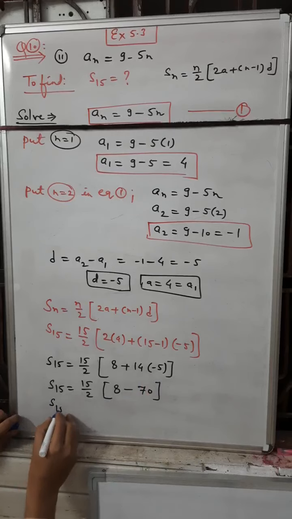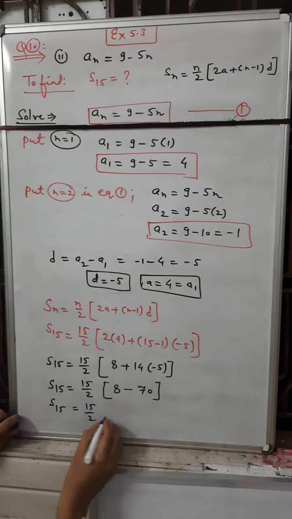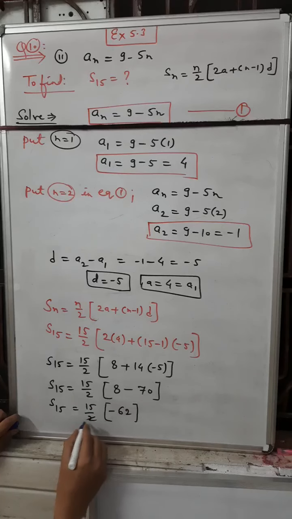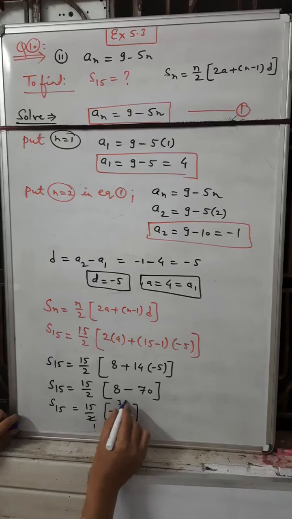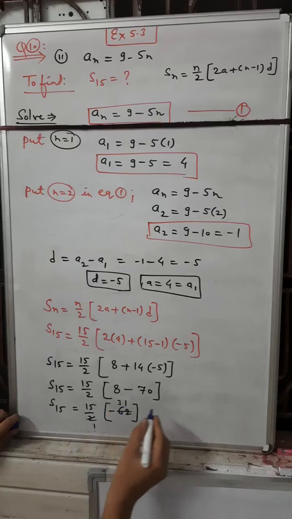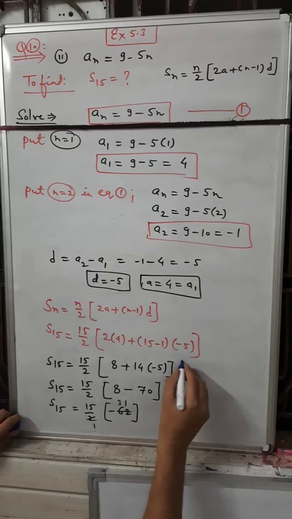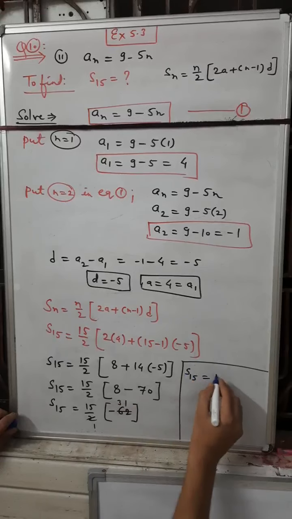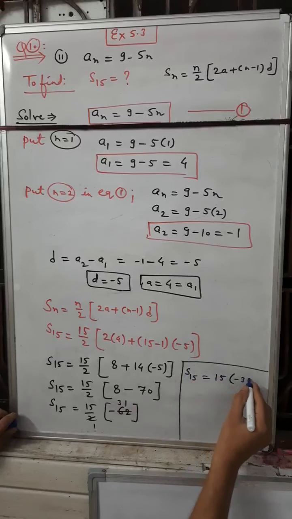So S15 is equal to 15 by 2 into (8 minus 70). So we will get minus 62. We can cancel: 2 ones are 2, 2 thirty-ones are 62. Now we have S15 equal to 15 into minus 31.